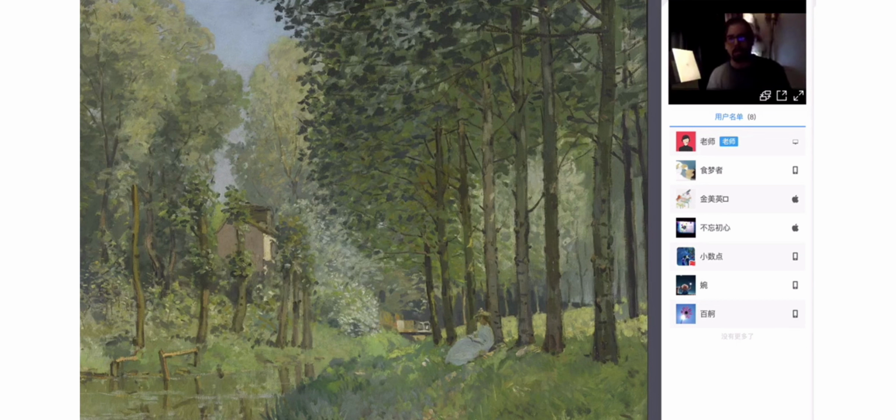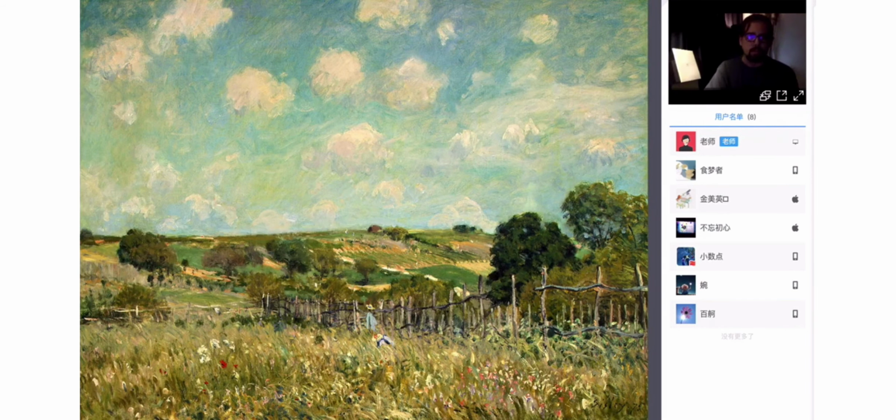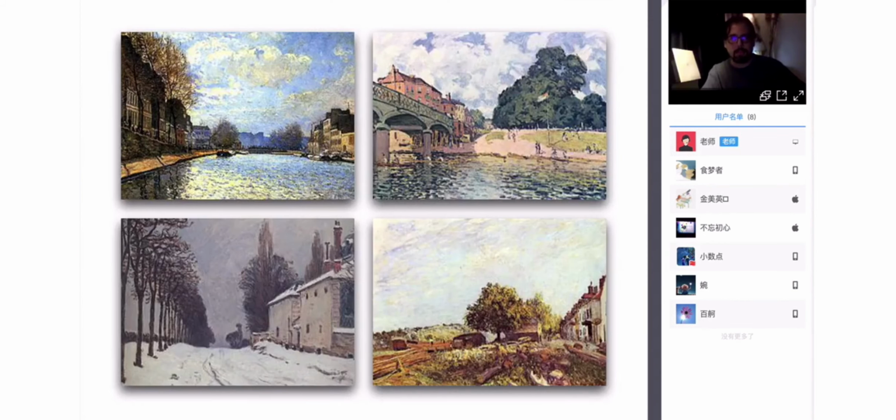Painted a lot of landscapes. Painted and sketched landscapes, French countryside. So this is Sicily.